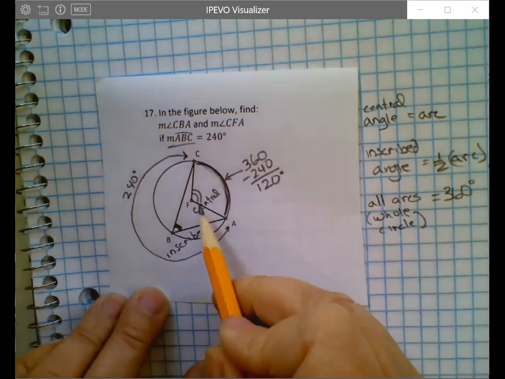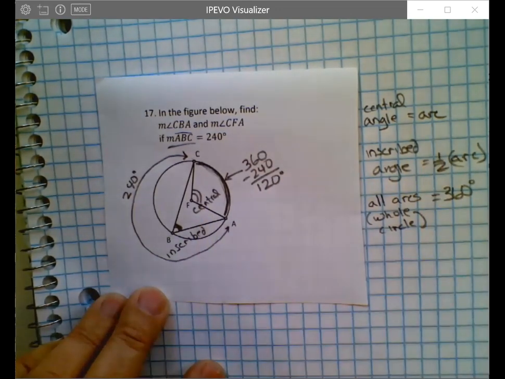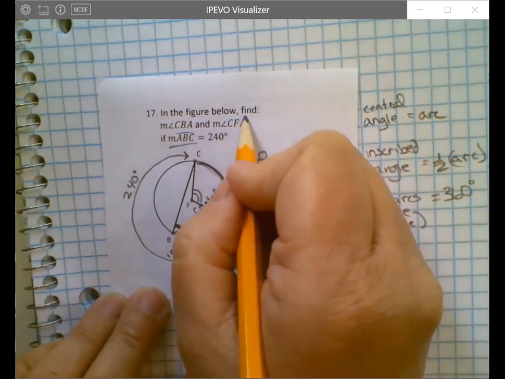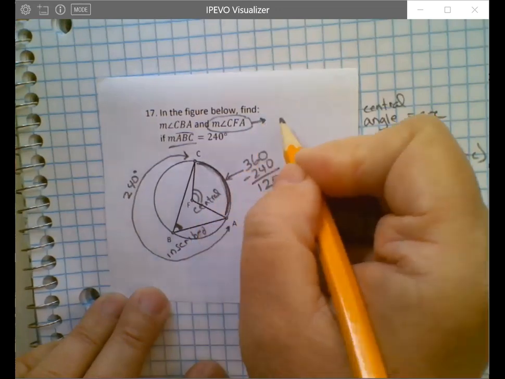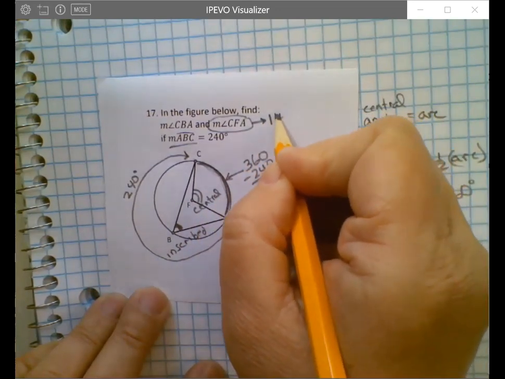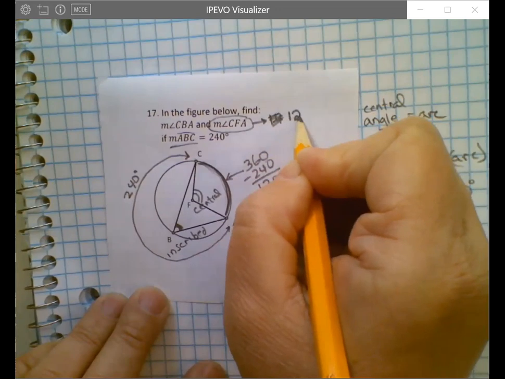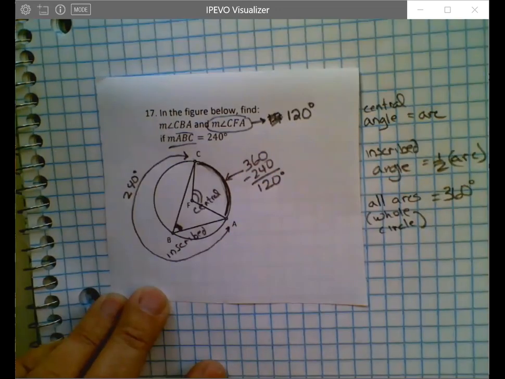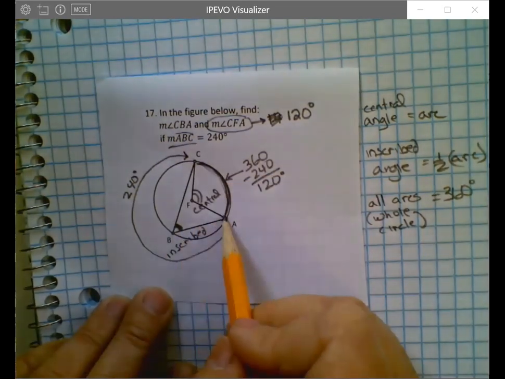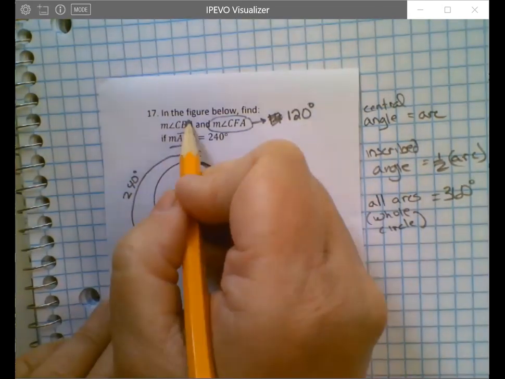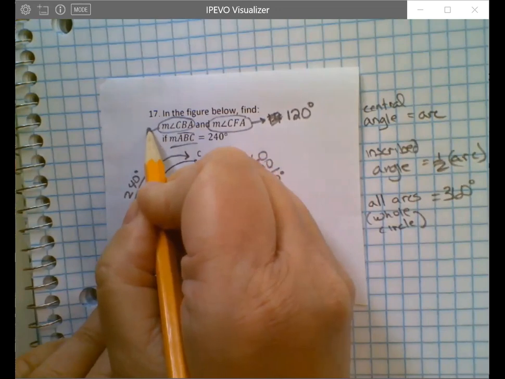All right, the central angle is equal to the arc. So measure of CFA, the central angle, is just 120. And the measure of CBA, which is the inscribed angle, is half of 120.